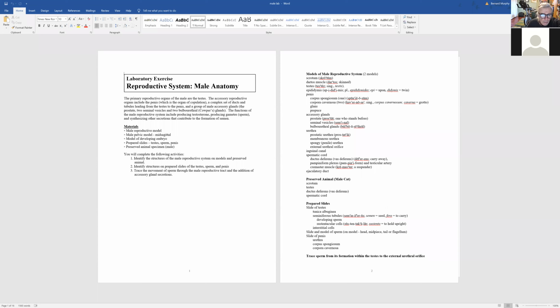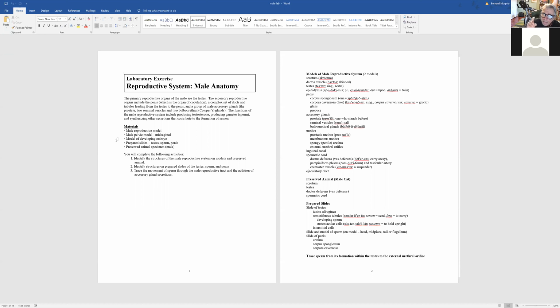Okay, so we pull up the pictures of the male reproductive model, male pelvic model. There are actually two male and female models. One's a sagittal section where you can't see everything, and one's like 3D, where you can see all parts of it.